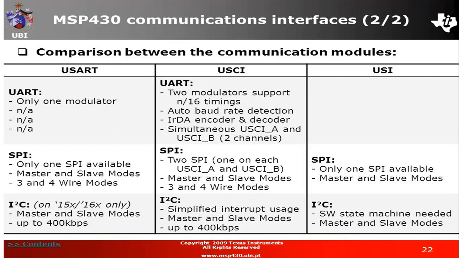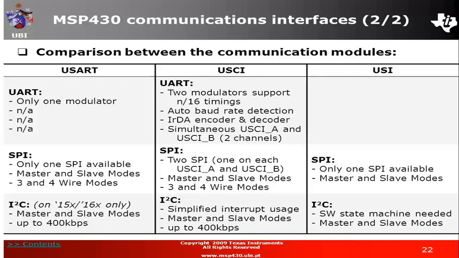Let's come to the USART. This USART consists of only one UART module. Coming to the USCI, two UARTs are available. Already you know UART means Universal Asynchronous Receiver Transmitter.